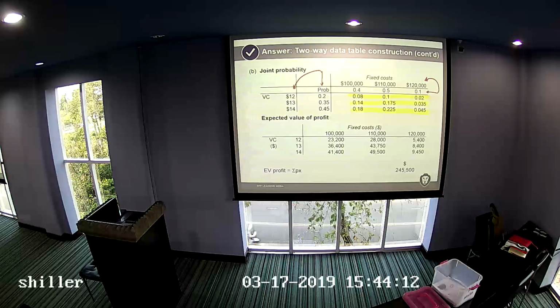This is the solution of the EV. How did I get this EV? Can you find out? The probability now, because there are two probabilities, correct? So I have to do the joint probability. Now, how do I get the EV?